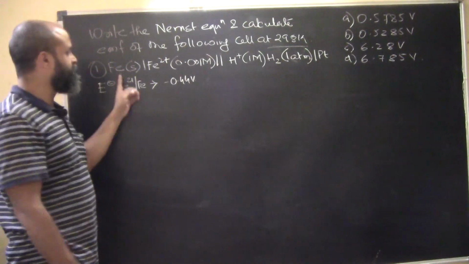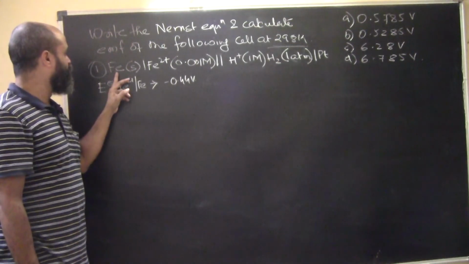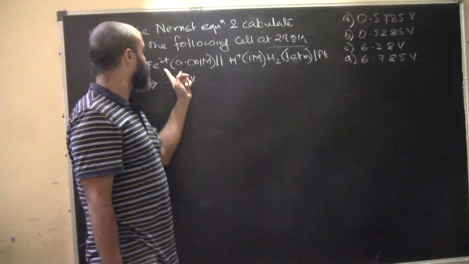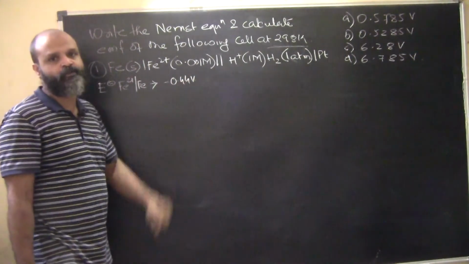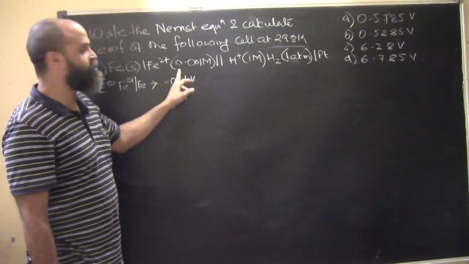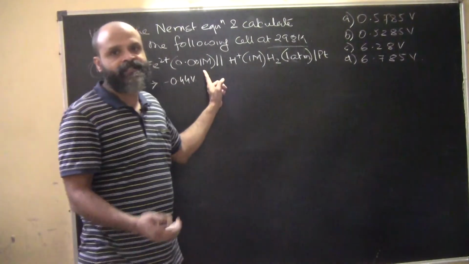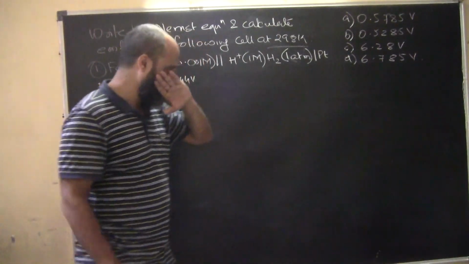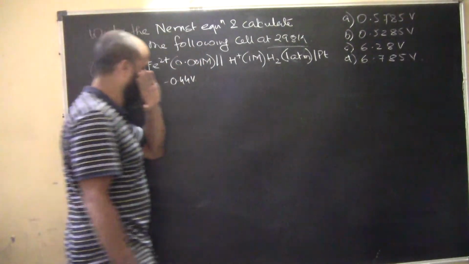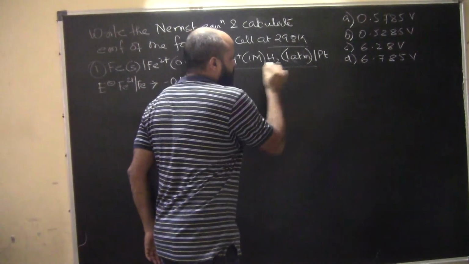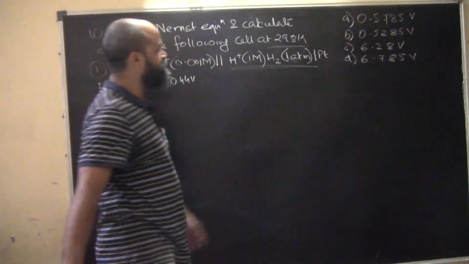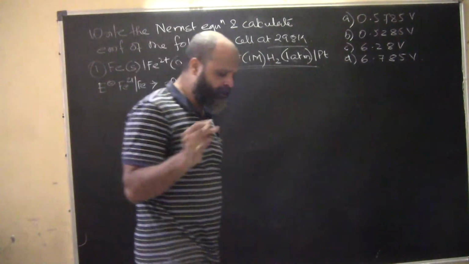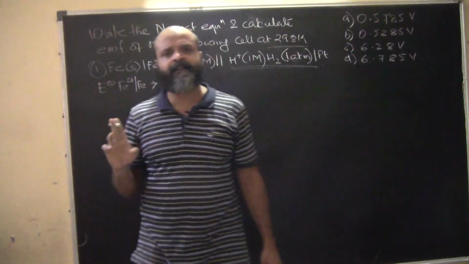Now look at this very carefully. If you look at the Fe, Fe2+ 0.001, obviously this is on the left hand side, so it's going to act as the anode, which is going to lose electrons, at a lower reduction potential. I'm sorry, if you look at this other part, it is the cathode, which is going to gain electrons. This is nothing but the standard hydrogen electrode.